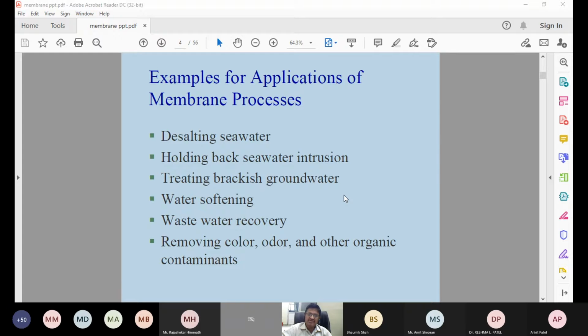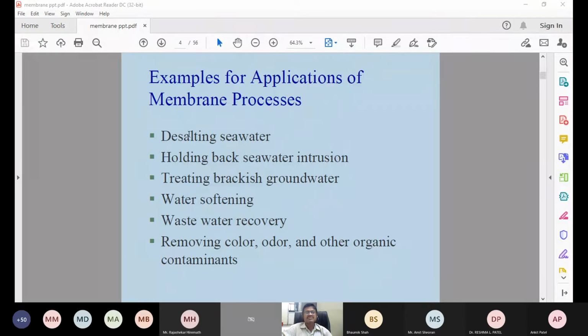If you remove all the dissolved salts and drink it, there is no taste, and for your health also it is not very good if your dissolved solids become zero.